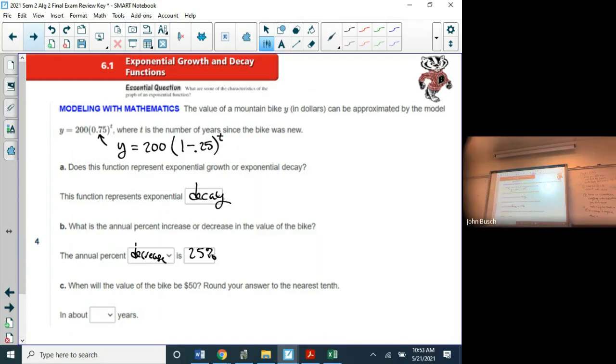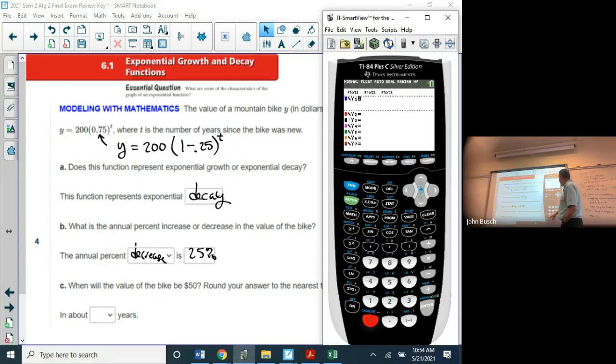And when will the value of the bike be 50? So this is a tricky thing. Use your calculator to find it. We're going to put the function in, 200 times 0.75 to the power of t. We're also going to graph the horizontal line y equals 50.